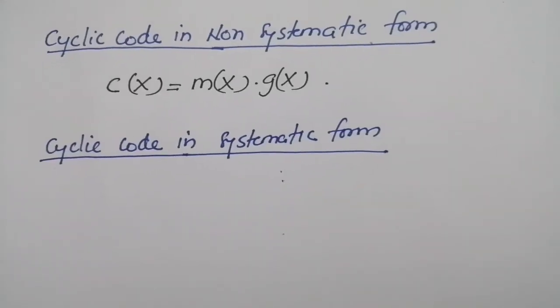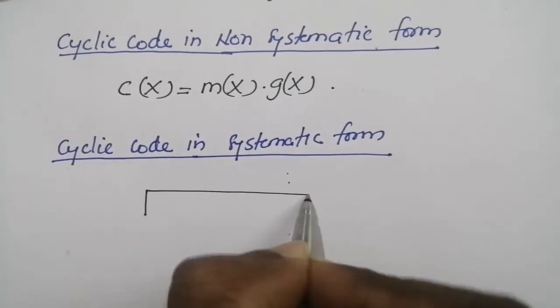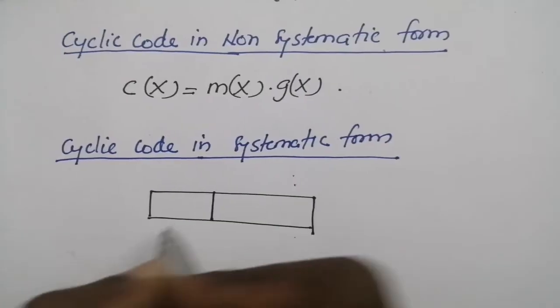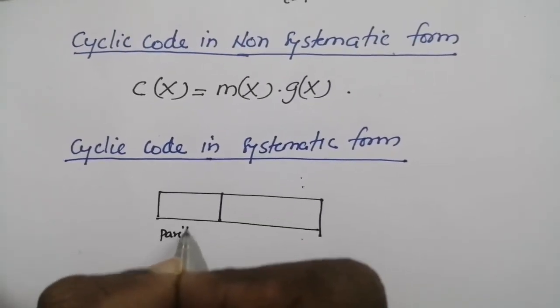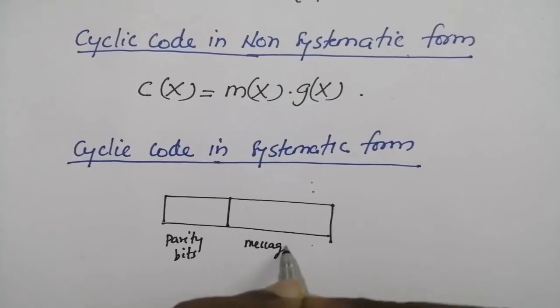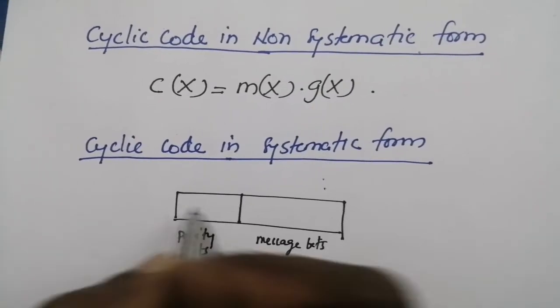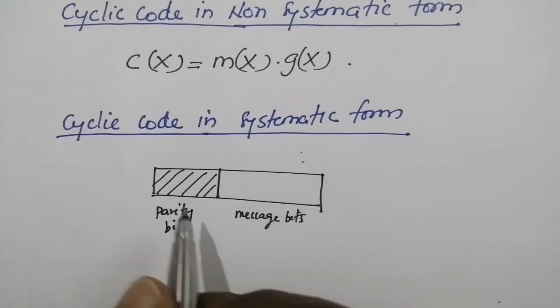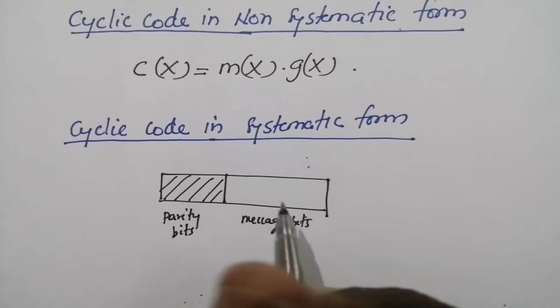The cyclic code in systematic form is graphically represented like this. We will follow this notation, that is, parity bits followed by message bits. So this is the parity bits and this is the message bits. Okay, we will follow this particular notation.